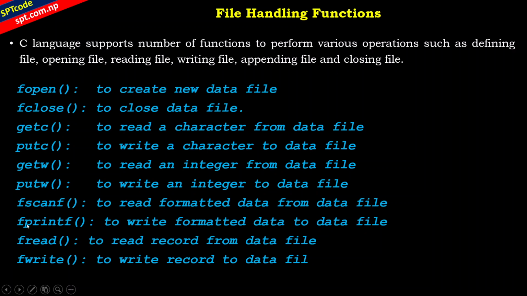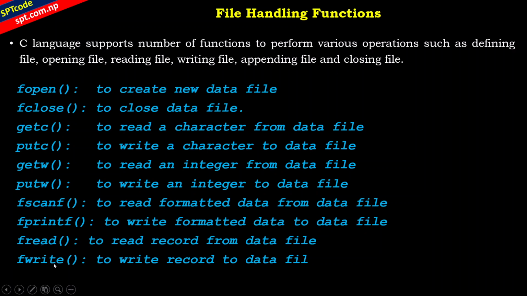fscanf and fprintf are formatted input output, like scanf and printf. If the data is formatted or specified, like if the data is known, you can use fscanf to fetch and read data from the file, and fprintf to write data into the file.